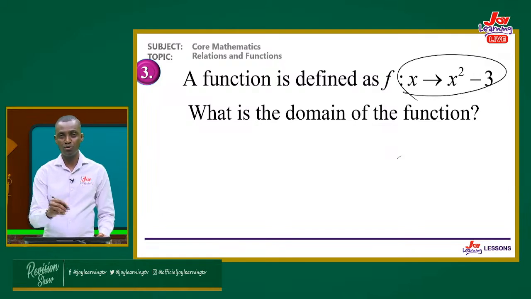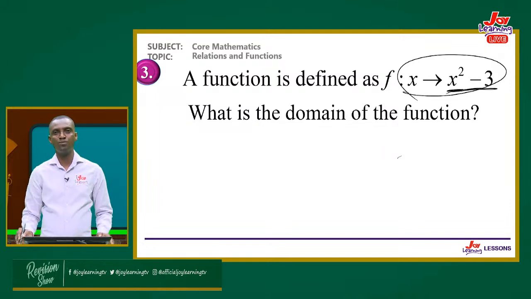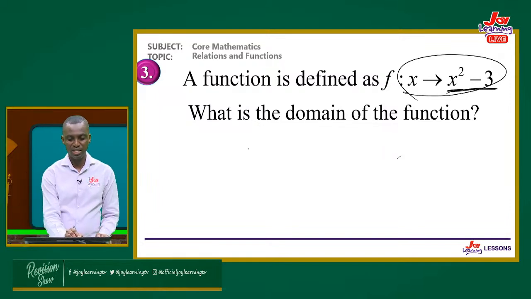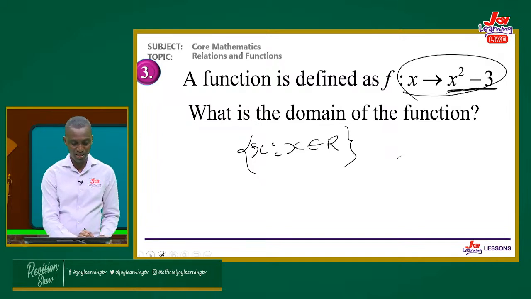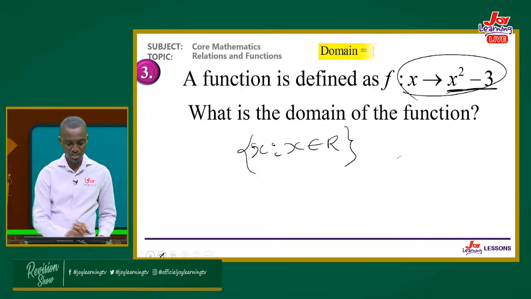And each of these numbers, when you put it into this particular function, will give you an output. And so we are saying the domain is going to be all x, such that x is a member of the real numbers. There's no exception to this.